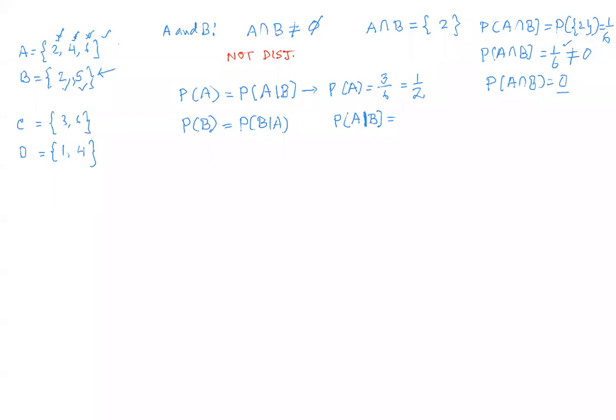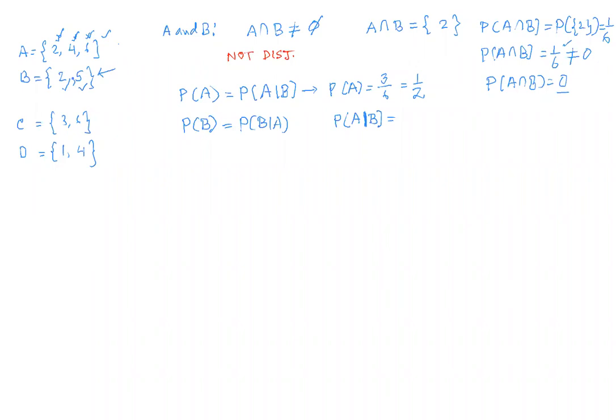So now, what is it? 5 out of 6. 5 out of 6, okay. 1 out of 6. 1 out of 6. Okay.